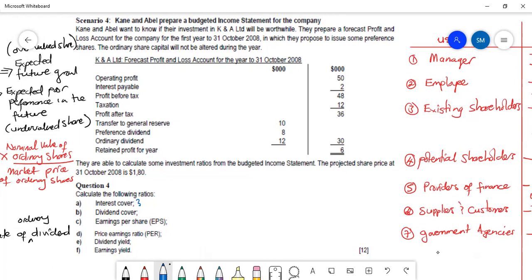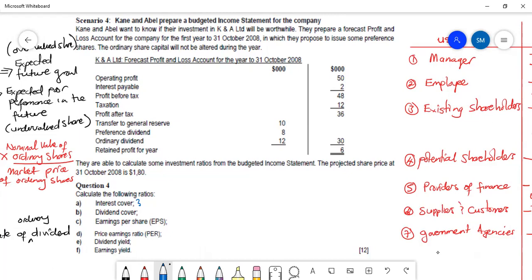So we are given a forecasted profit and loss account for the year 31 October 2008. So that's your income statement. You're given your operating profit, your interest payable, profit before tax of 48, taxation of 12, profit after tax of 36, transfer to general reserves, preference dividend, ordinary dividend, and then your retained profit for the year, which is 6,000.